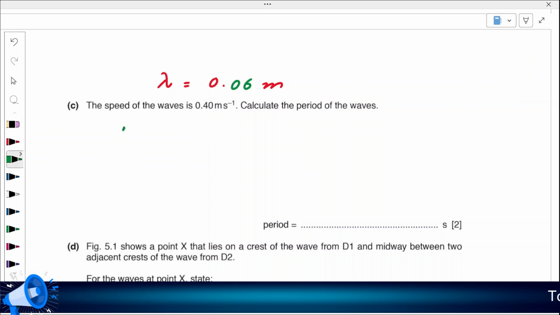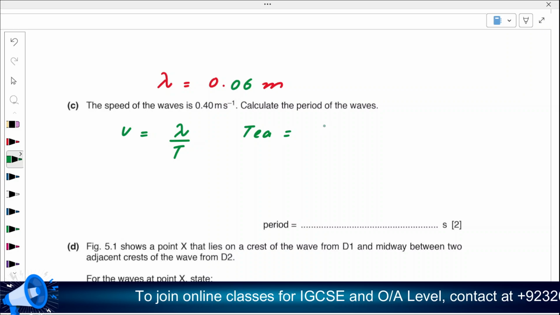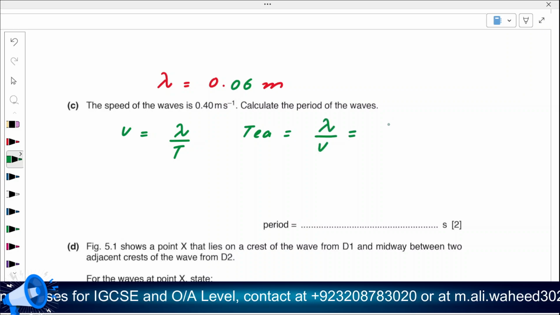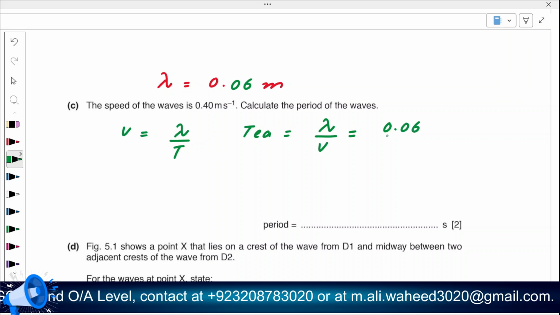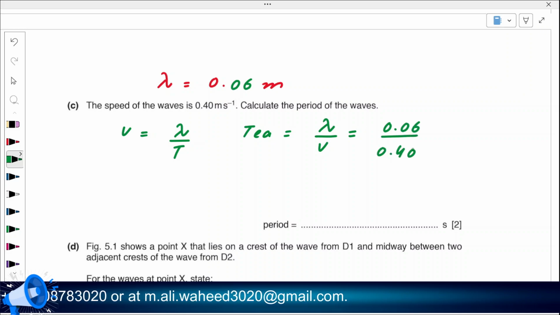Calculate the period of the wave. So v equals lambda divided by T, thereby T equals lambda divided by v. Lambda is 0.06 and the speed is 0.40. If someone can hit it on the calculator.